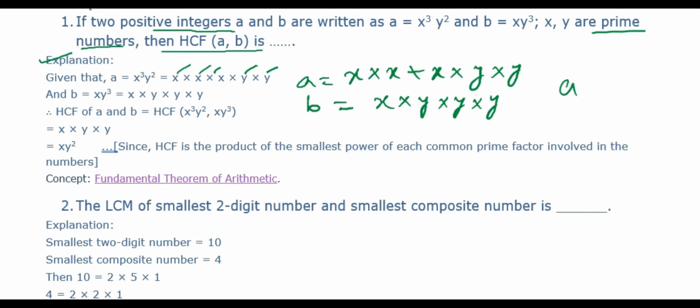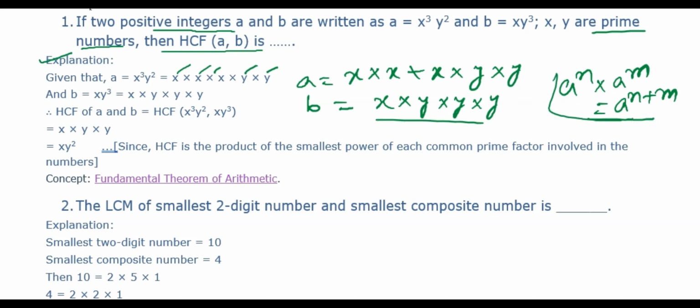You know very well, a power n into a power m equal to a power n plus m, so we can use this exponential law here. Now HCF of a and b, we will write in order and see which is common among them.